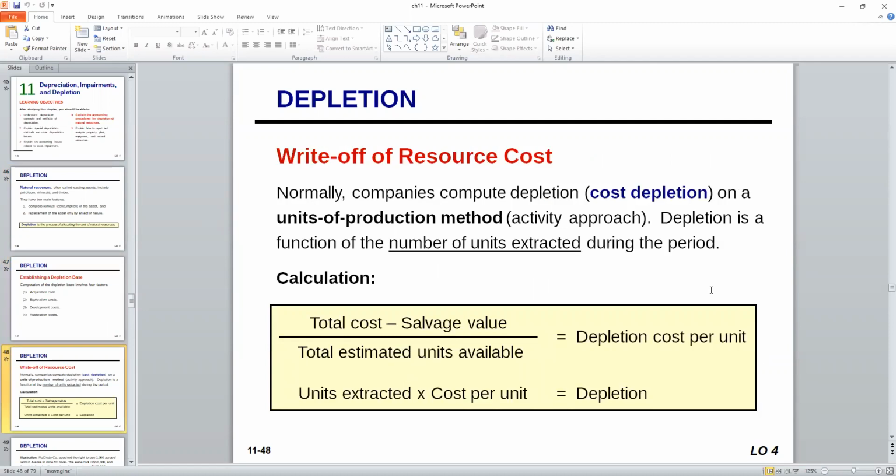As with fixed assets, there are a variety of methods that we could use, but most often what's going to be used is the number of units extracted. That's the process that typically is used in depletion. So I make an estimate as to how many barrels of oil, how many pieces of lumber, how many minerals I can derive, and I deplete the asset based on the extraction that I've had in a particular period.